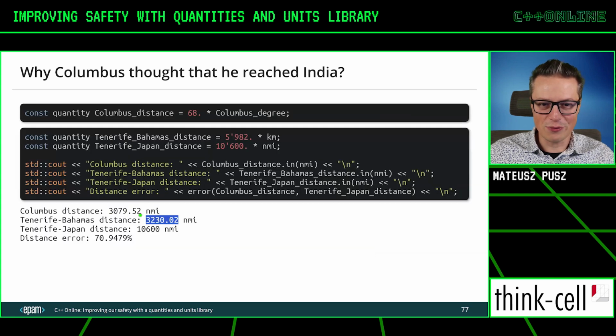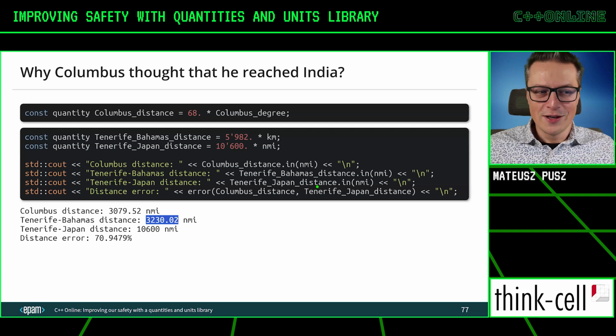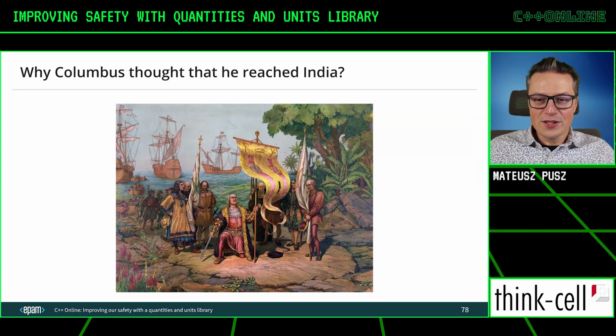Because it was like 200 more nautical miles than he actually expected to travel. So this is the short story of Columbus, why he thought he reached India. Based on his calculations, he was there. He reached there just because he was really lucky that something was in the middle of the ocean, namely the Bahamas and the Americas, rather than just going through a huge ocean to Japan.